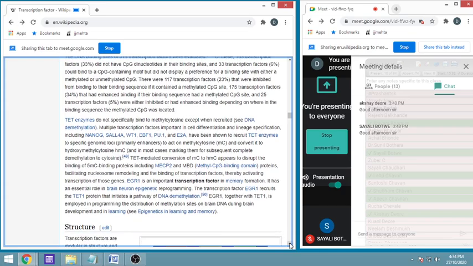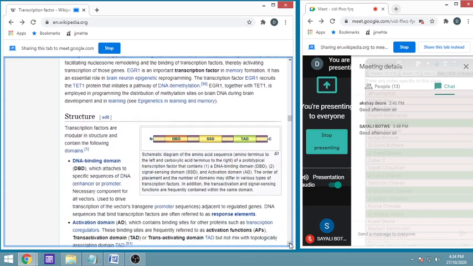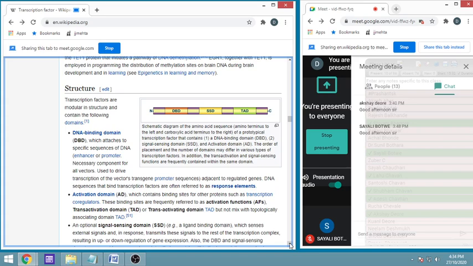Now structurally, all these are proteins. They have one DNA binding domain, and then there will be one activation domain. I have made it a simile. If you remember last year's basic pharmacology, each ligand has two important sites.